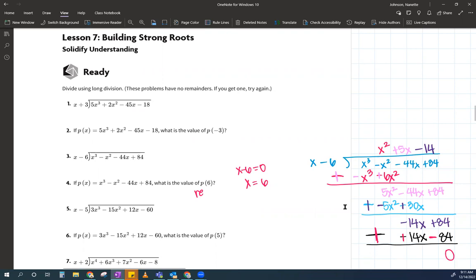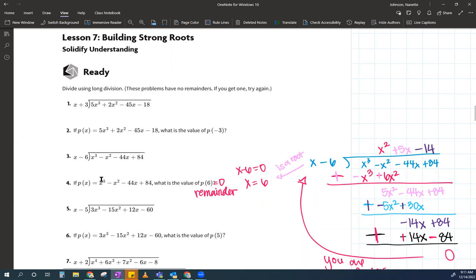And because 0 is the remainder and you are a factor, it means that this is a root, right?